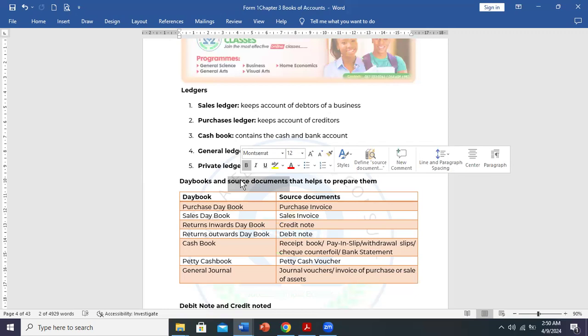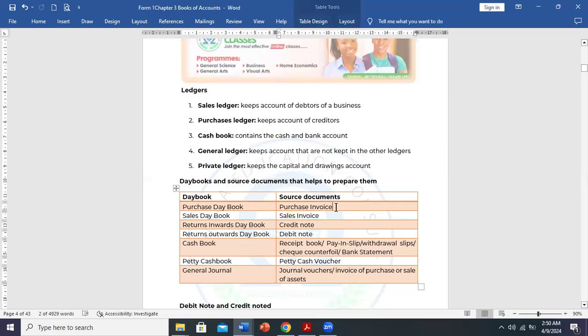Okay, so since we are familiar with these source documents, let's quickly go through the source documents you would need to prepare each of the day books. The first one is the purchase day book. The source document we need is called the purchase invoice. I don't know if I've shown you an invoice before, or maybe some of you have seen one.